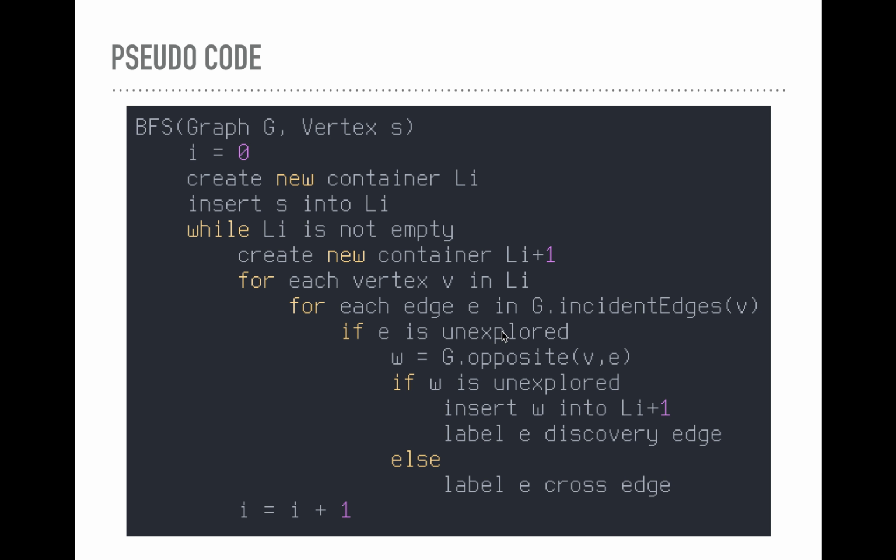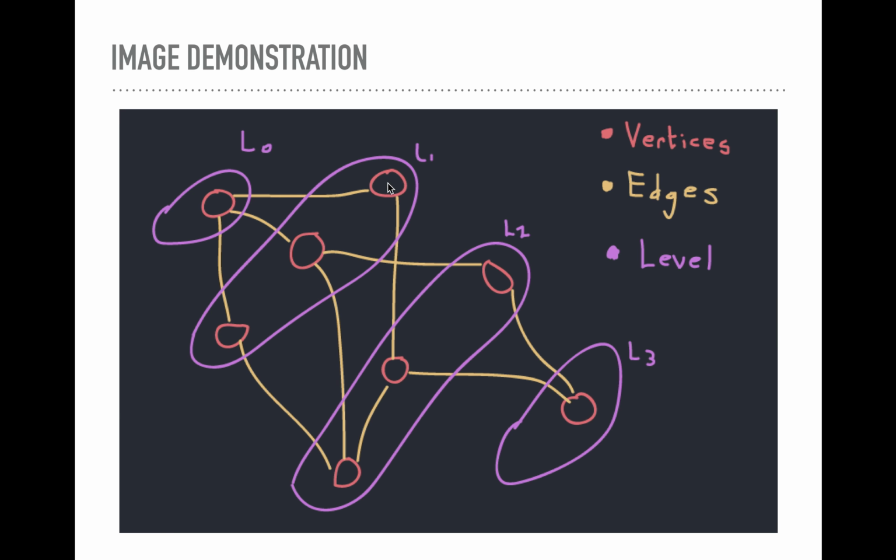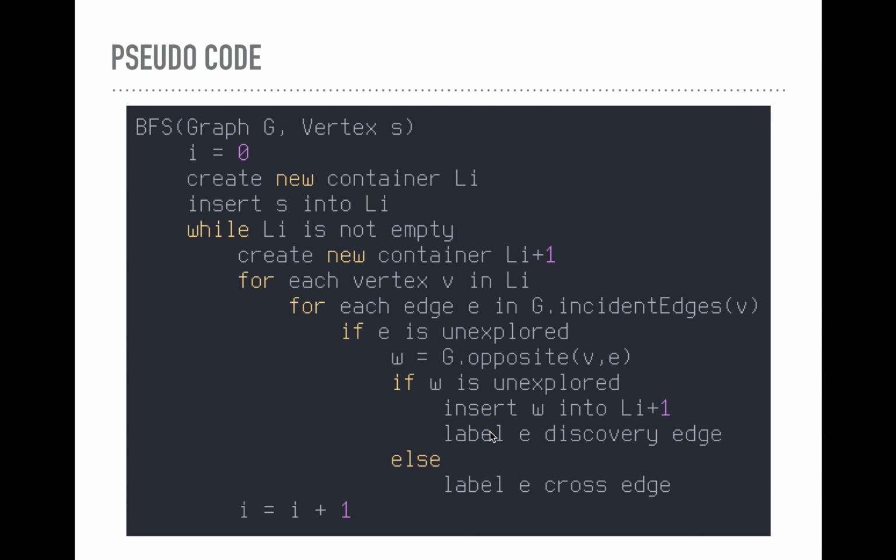So for each edge incident on v, if e is unexplored, they're all unexplored, we haven't done anything yet, w is going to be assigned G.opposite(v, e), that's a vertex. This is the vertex opposite from our starting vertex v along edge e. That's w. This is going to be w, this is going to be w, this is going to be w, opposite across e with each iteration of the for loop.